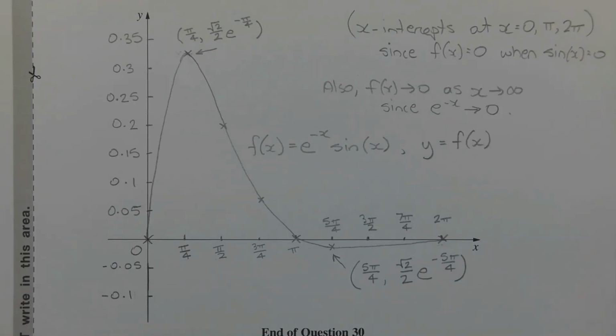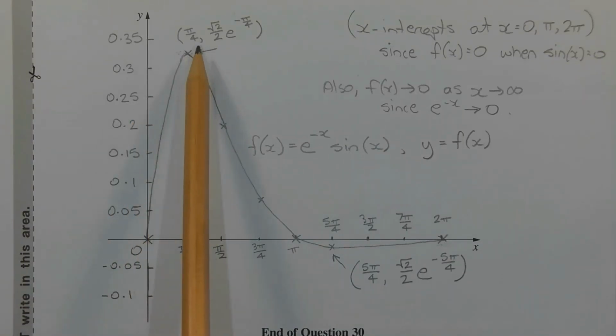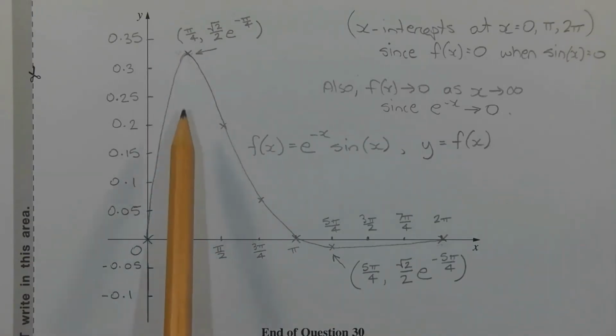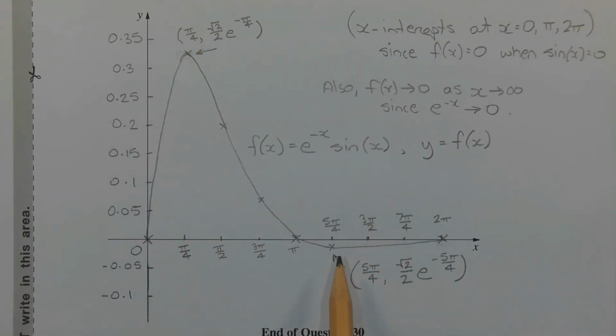In other words, the amplitude of sine of x gets smaller and smaller the further away we move from the origin to the right-hand side. Hence why the amplitude appears large here, so well away from the x-axis, but relatively speaking, the amplitude appears very small here.